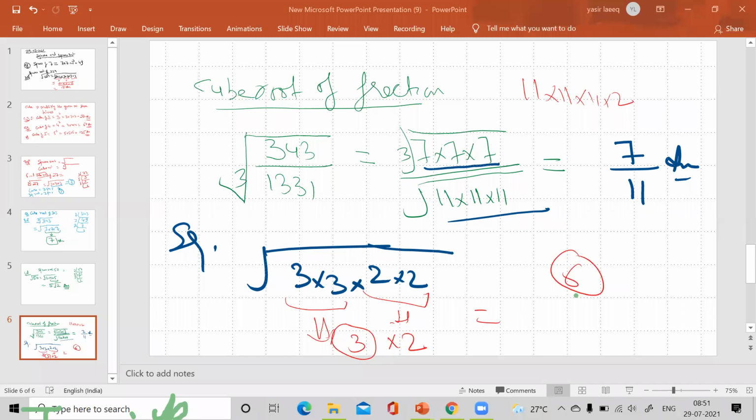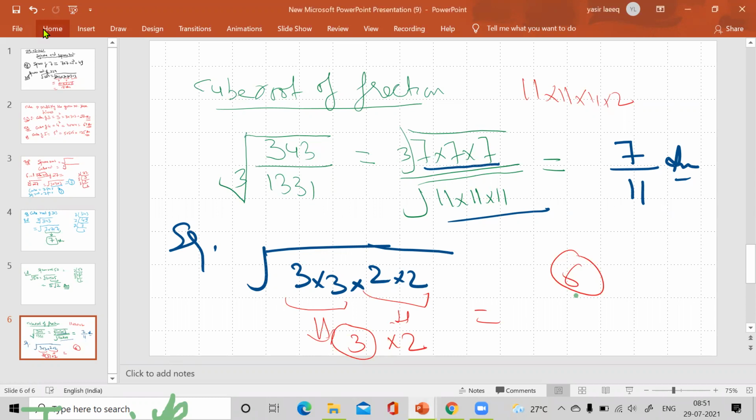Then what will we do? Before telling anything, you should specify what you are supposed to do. You are finding the square root or the cube root. If finding the square root, then it will be a pair of 2. If finding the cube root, then it will be a pair of 3. Is it clear?